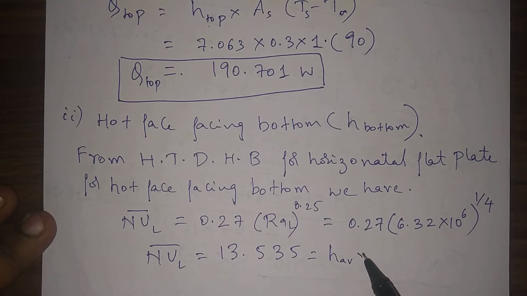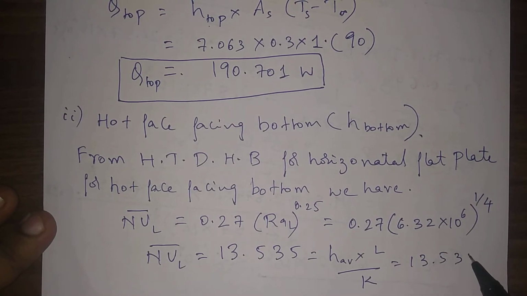Now similarly, that is nothing but H average into L divided by K, which is equal to 13.535.